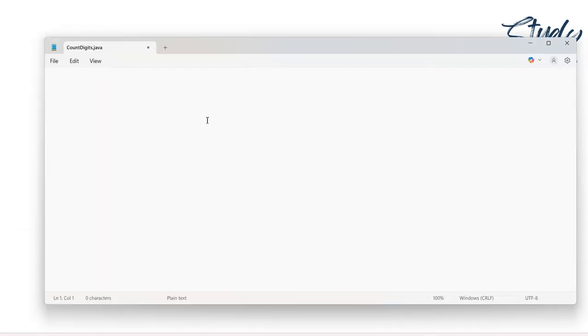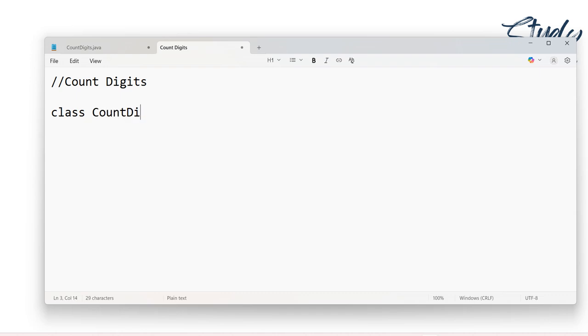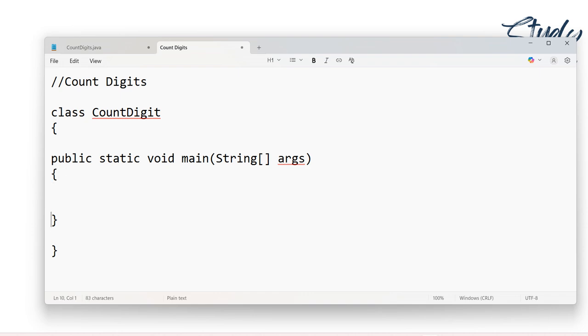So let's start solving this. So we're going to call it as string args, and then what did we say? We're going to take num is equals to 5, 6, 7, 8 and temporary is equals to num and count is equals to 0. So what is our condition?